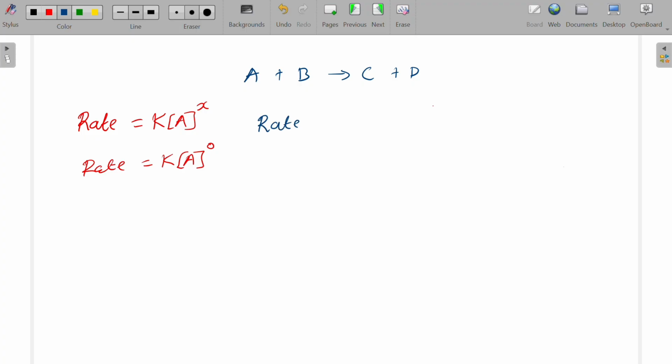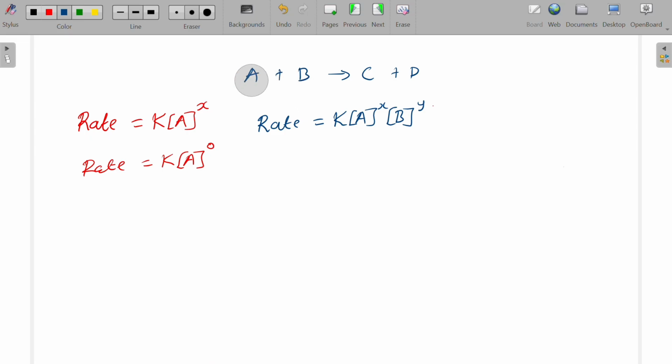Rate is equal to the rate constant K multiplied by the concentration of A still to a certain order, let's call that X, multiplied by the concentration of B also to a certain order, let's call that order Y. As you can see again, we're not considering the product side. We are only focusing on the reactants. This is where the rate law comes from.